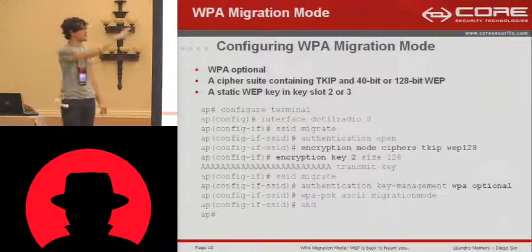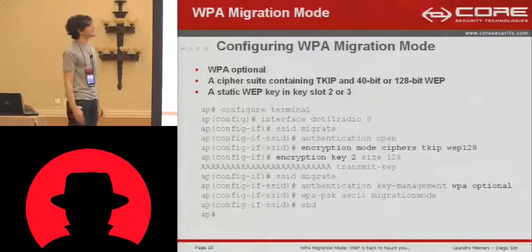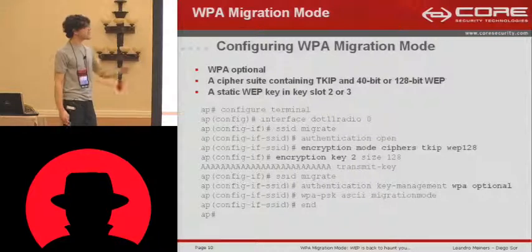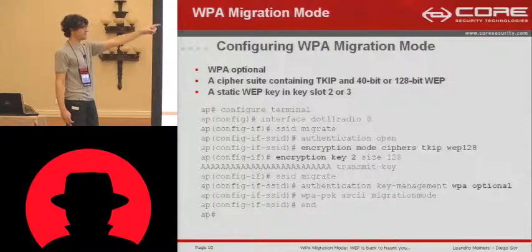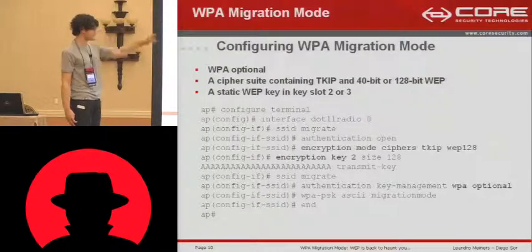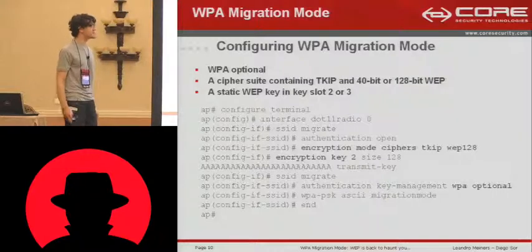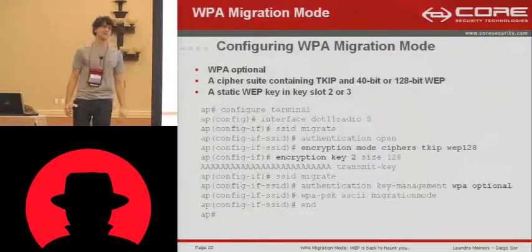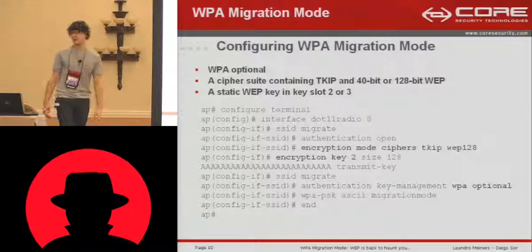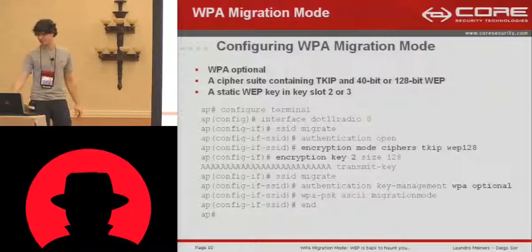Then we have the capture of the terminal, where we configure the AP. You see that the encryption mode ciphers are TKIP and WEP 128 bits. The encryption key is in slot 2, and the key is here, along with the SSID. And then you see the authentication key management as WPA optional, because this is a requirement for the AP to work.